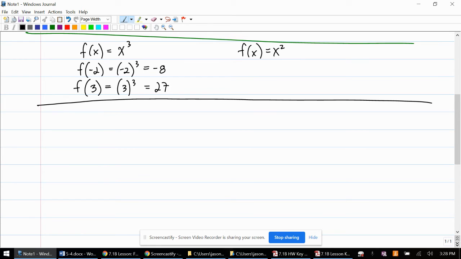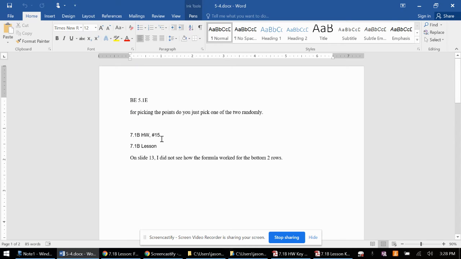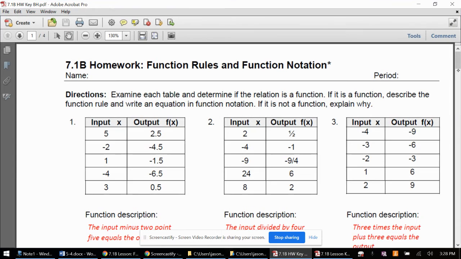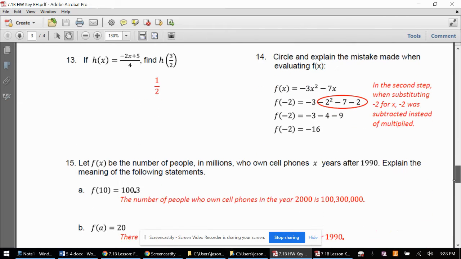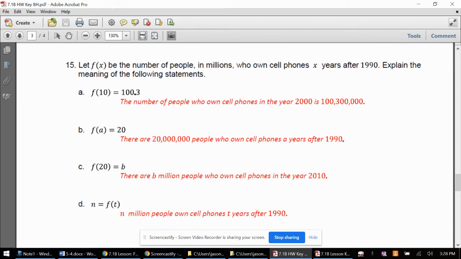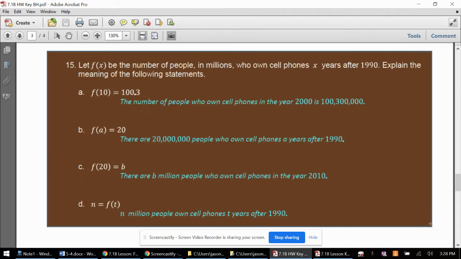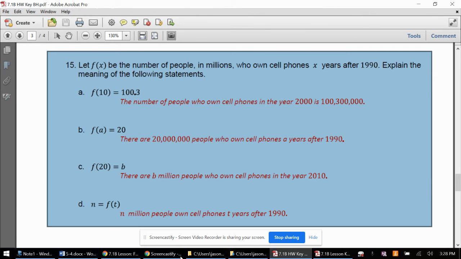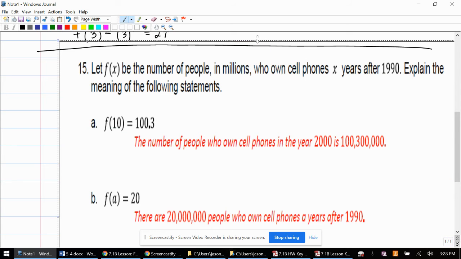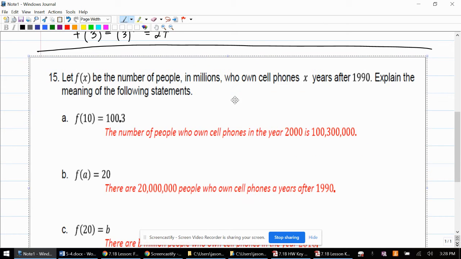And then there was another question, which was from the homework number 15. And the homework number 15 was, there wasn't much to do other than to interpret what these answers meant, which is actually tricky enough. So let's see how we were supposed to kind of interpret some of these.